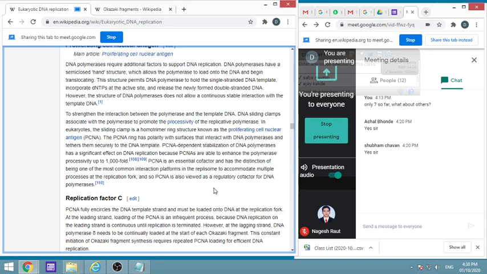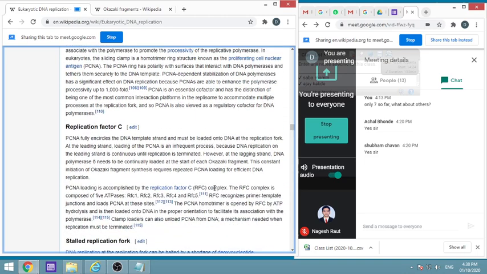It is a very essential cofactor and has the distinction of being one of the most common interaction platforms in the replisome, accommodating multiple processes at the replication fork. So it is also viewed as a regulatory cofactor for DNA polymerases. So it regulates it, and if anything goes wrong, that regulation goes down.